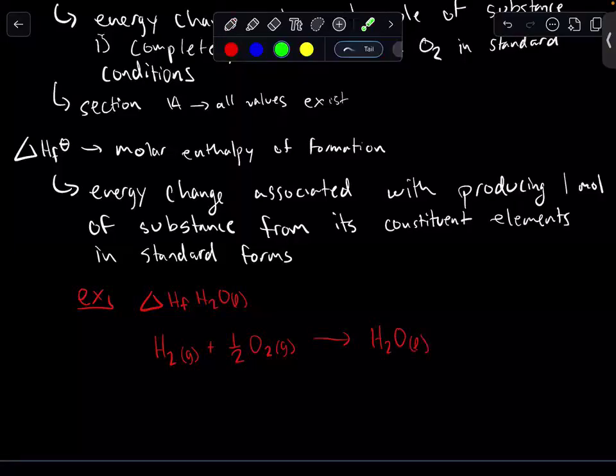And we end up with these fraction coefficients because we need to keep it in its standard form, and oxygen starts off as a diatomic gas and hydrogen starts off as a diatomic gas. But we're only making 1 mole. So because we're only making 1 mole, we must have these weird coefficients.